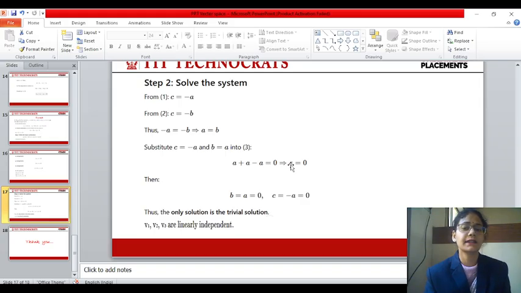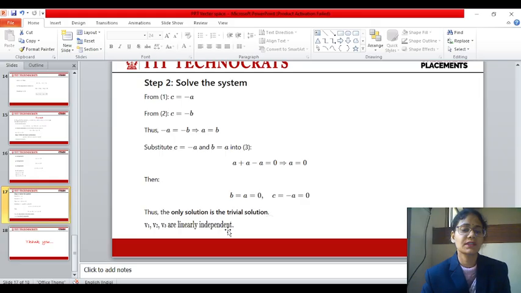This implies that a is 0. Now a is equal to minus c and c is equal to minus b, which implies a, b and c, all three are 0. Now we get that all three scalars are 0. Hence the given set of vectors v1, v2, v3 is linearly independent.